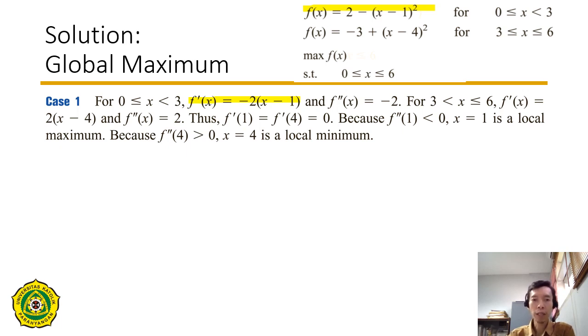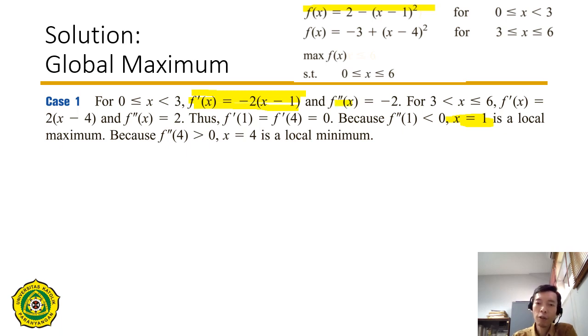A stationary point means that we find at which point this first derivative equals 0. So minus 2 times (x minus 1) becomes 0 at x equals 1. So x equals 1 is our first extreme candidate.